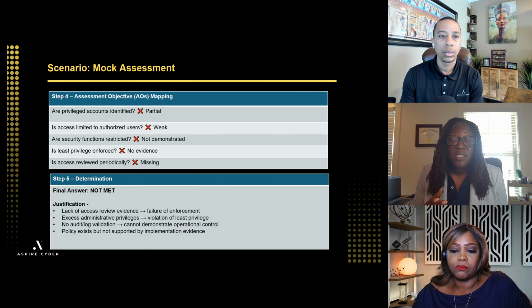It helps you to make that determination of met or not met. And it gives you justifications. Hey, this particular artifact was not met because there was a failure to produce some type of proof of enforcement. I didn't see any access control that was prevalent. No evidence was presented.